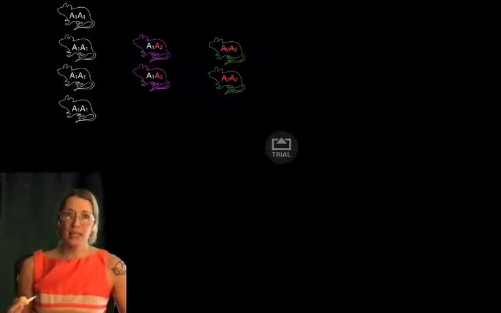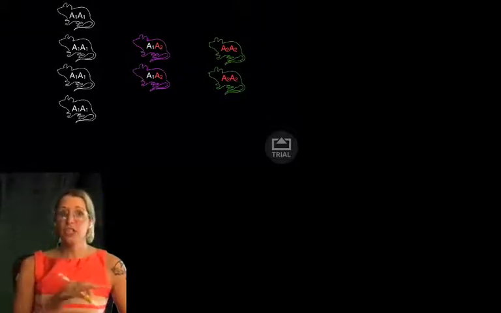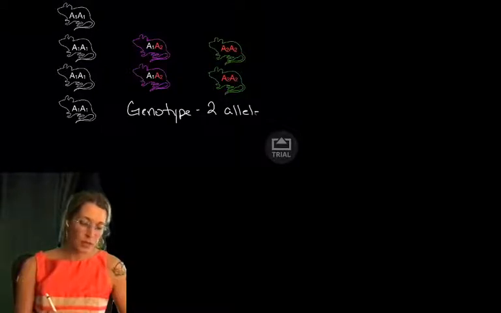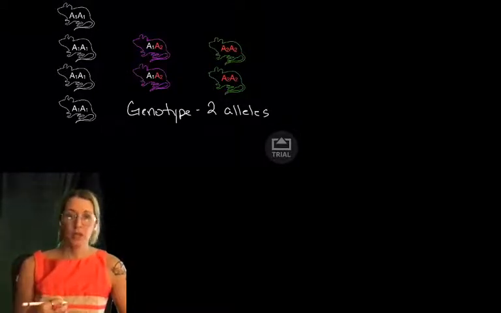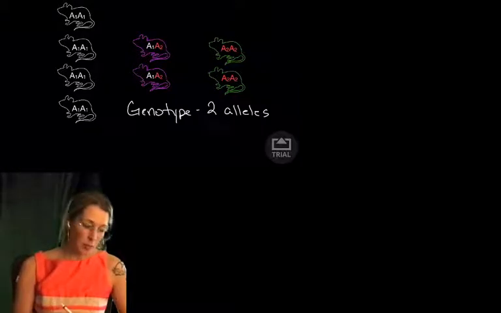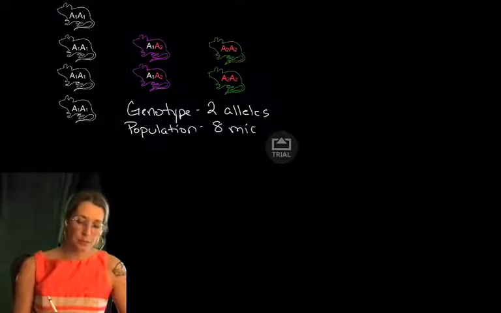If we're interested in figuring out what the allele frequency is for this population, we need to remember that every genotype that we're looking at is composed of 2 alleles. All genotypes are composed of 2 alleles. Again, this is something that you guys know. In our imaginary population here, our population has 8 mice, so 8 individuals.